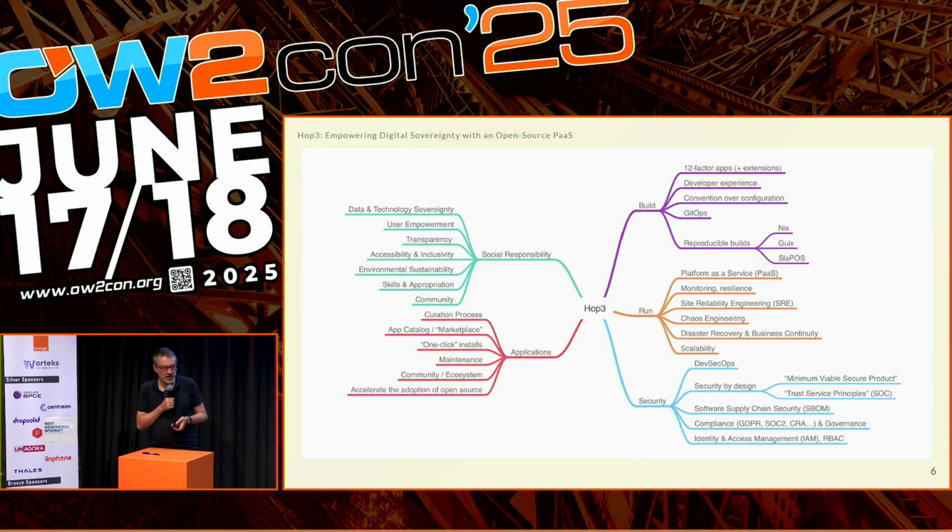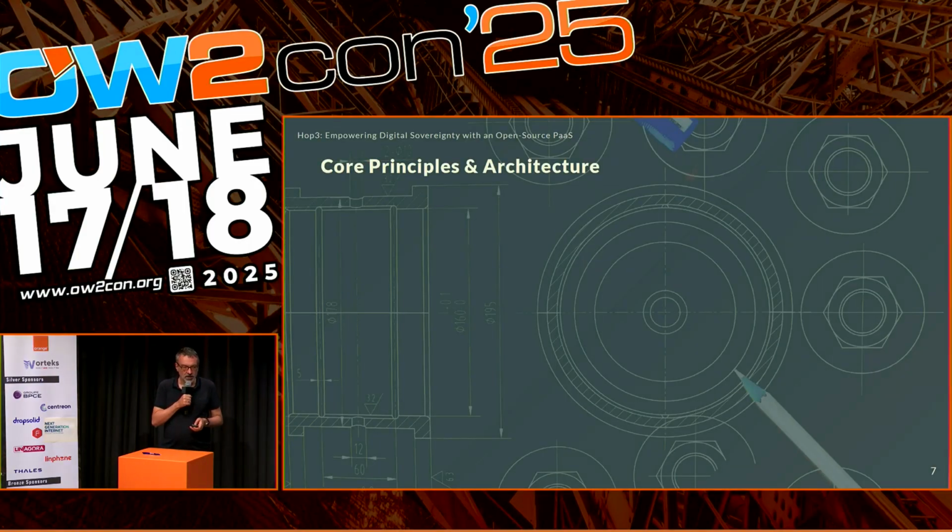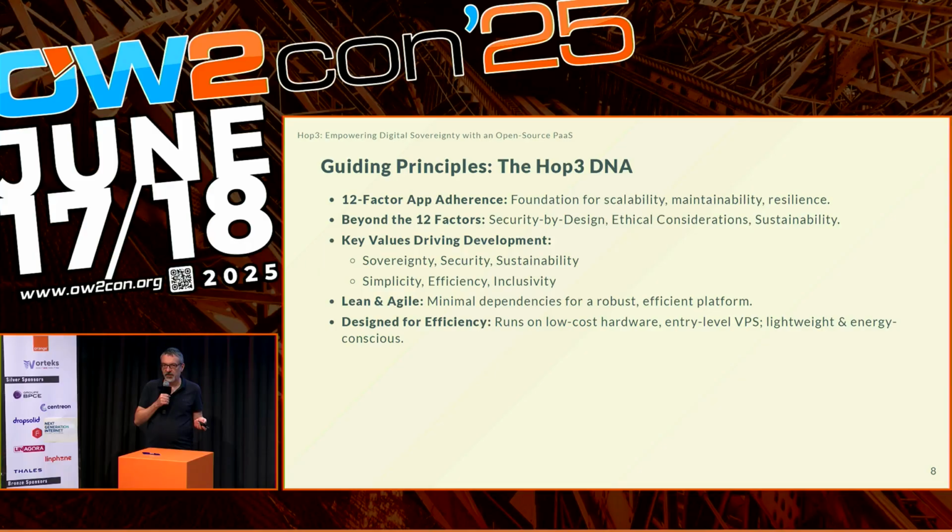This is a conceptual diagram where we see once again all the key ideas, and then all the ways the project will address these various concerns. So what are the core principles? It's supposed to work with the 12-factor principles, which were, I think, created by Heroku, one of the first platform as a service, and probably the most well-known.